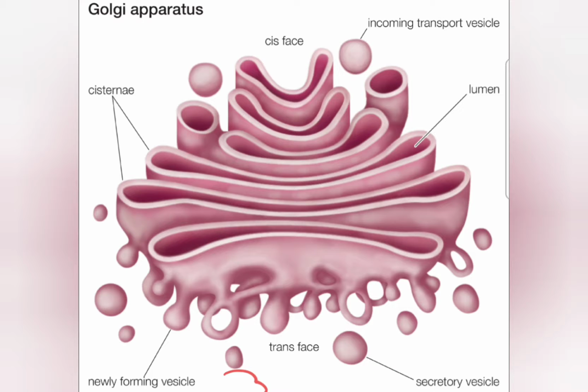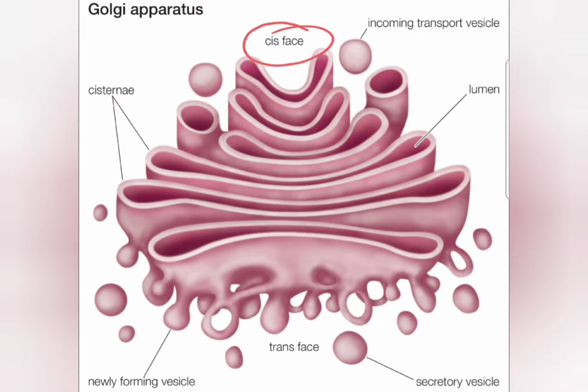Here we can find that the number of sacs in this stack is 1, 2, 3, 4, 5, 6. So 6 sacs or cisternae are there in this stack, and they are usually spaced at a certain interval, a gap of interval.